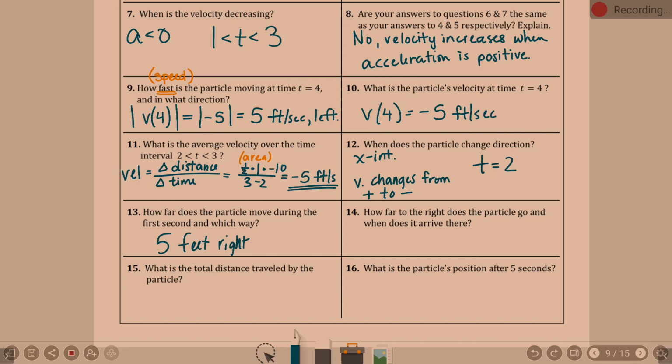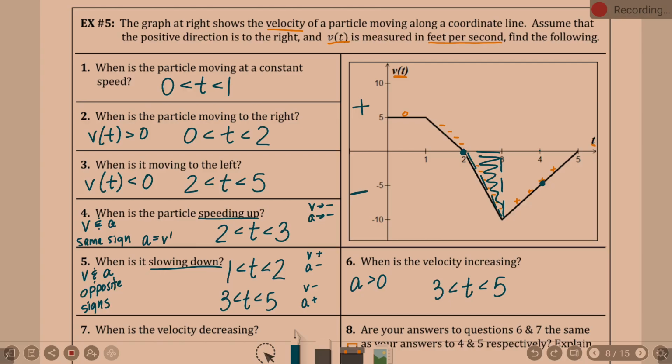Well, when does the particle move to the right? When velocity is positive, right? So this section here, yes? With that in mind, I'm going to say area under the curve. We already know there's 5 here, and then this is half of 5, so that area under the curve is 7.5.